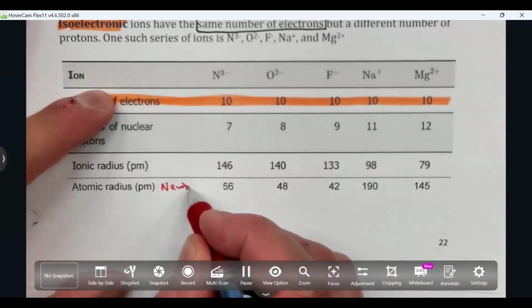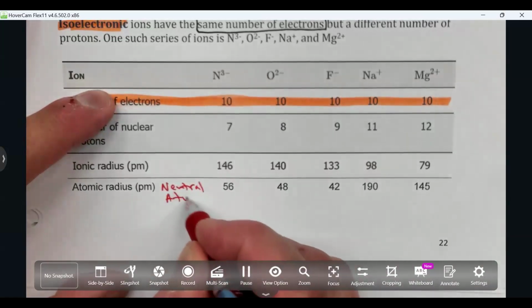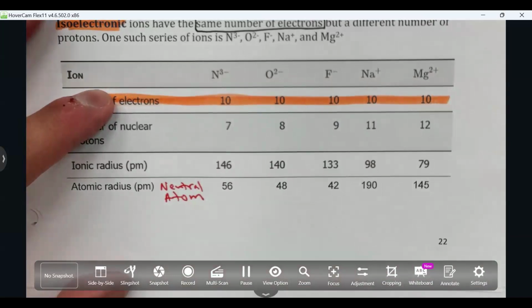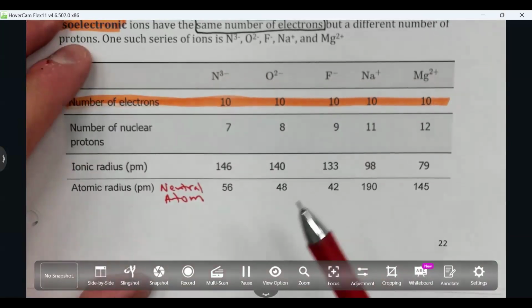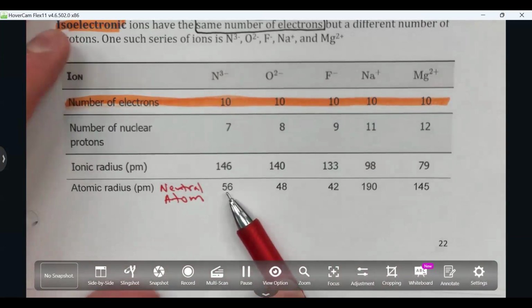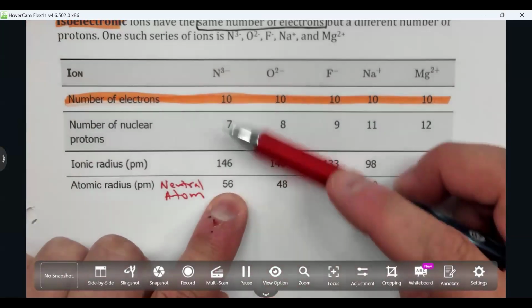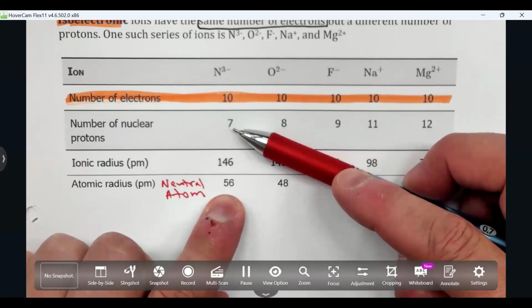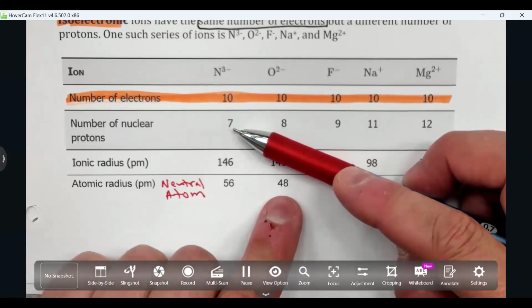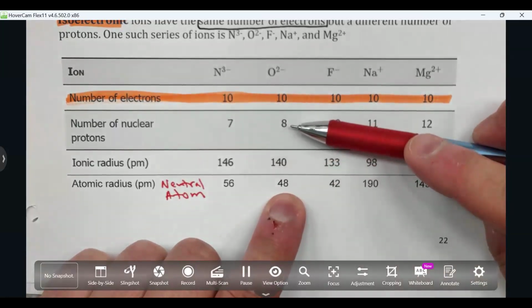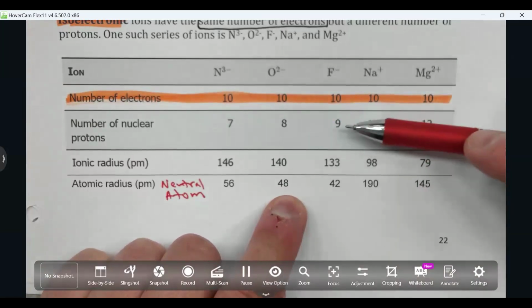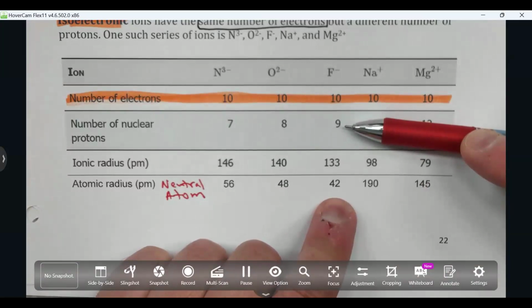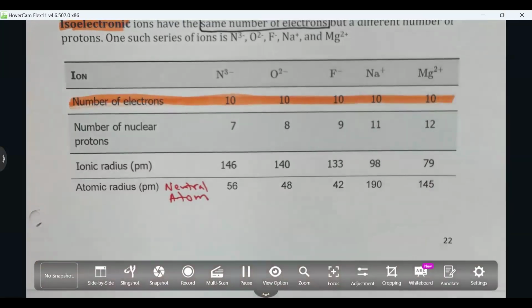This is the neutral atom. So the radius here for nitrogen would be 7 protons and 7 electrons. The neutral atom, they have to match. For oxygen, it would be 8 protons, 8 electrons. It is a neutral atom. Fluorine would be 9 and 9, right? That's what a neutral atom is by definition. Same number of electrons as protons.